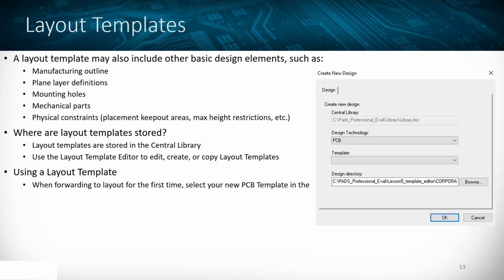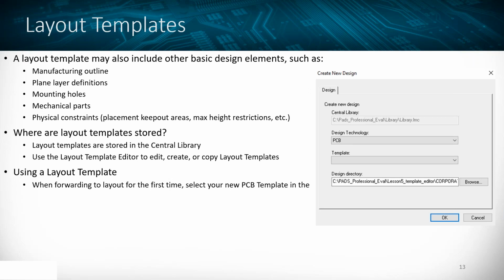So what we have done so far is define a new layout template for our new stackup or our new technology, however many layers we want to use. We've defined it. Now how do we use it after we've saved it into the central library? Very, very simple.